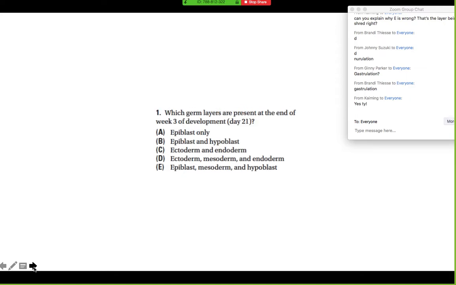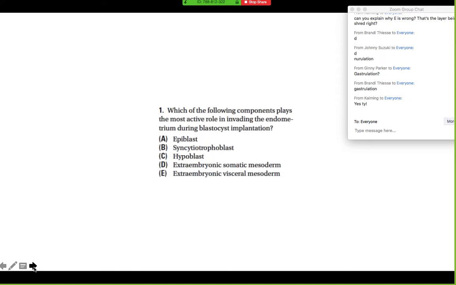All right. Which of the following components plays the most active role in invading the endometrium during blastocyst implantation? Yes, that is correct. It's the syncytial trophoblast.